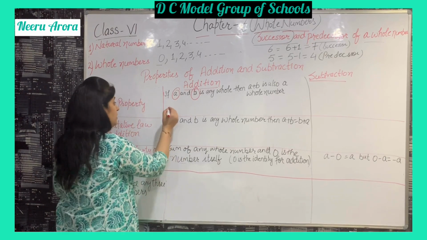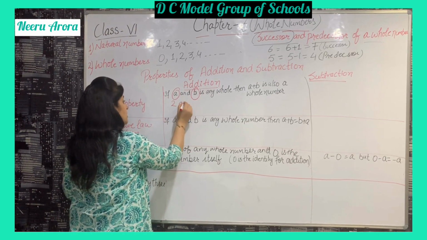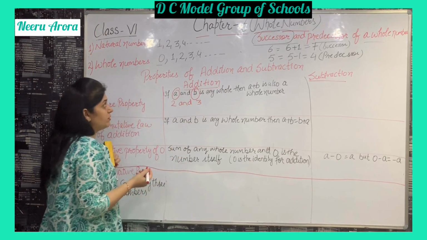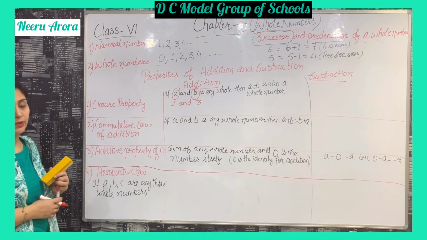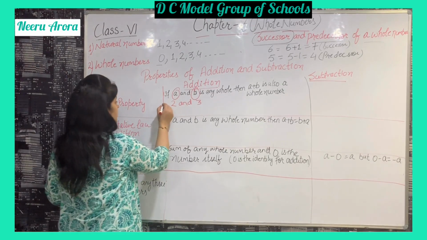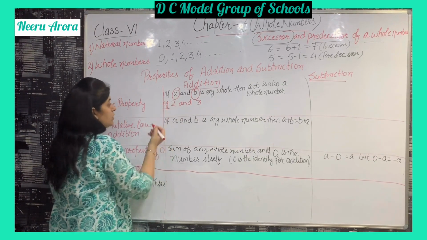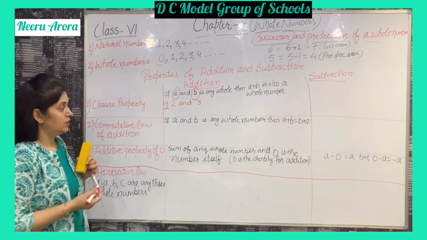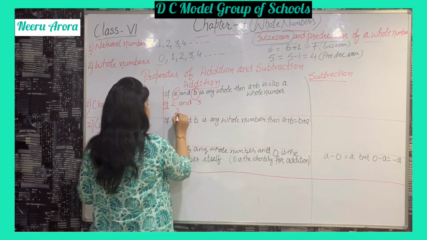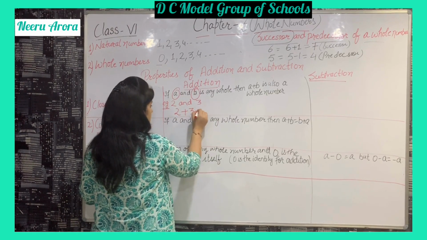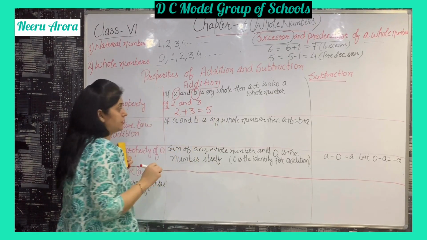Let's take the example 2 and 3. These are whole numbers. We know what a whole number is: it begins from 0, natural numbers with 0. We have taken any two whole numbers, 2 and 3. When we add these two whole numbers, do we get a whole number or not?